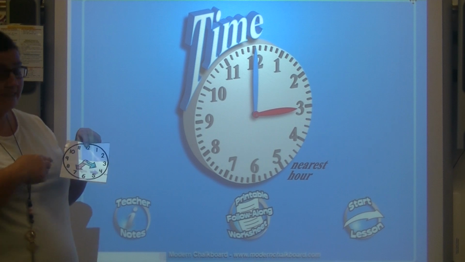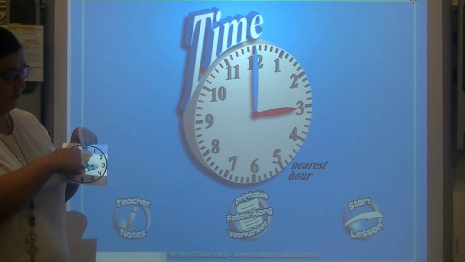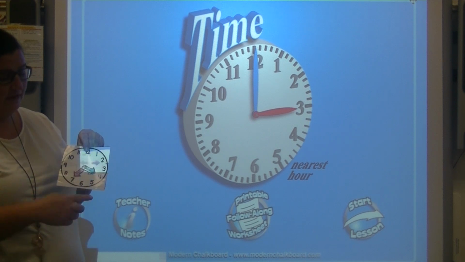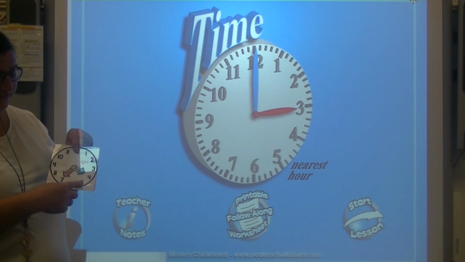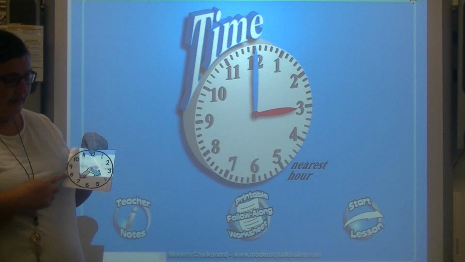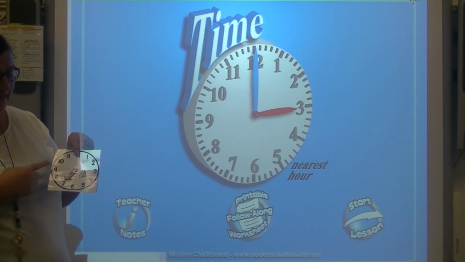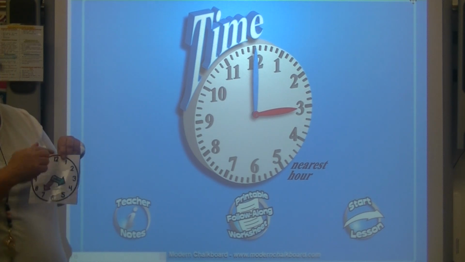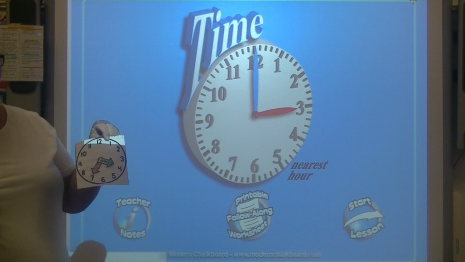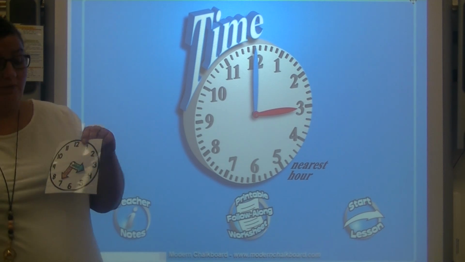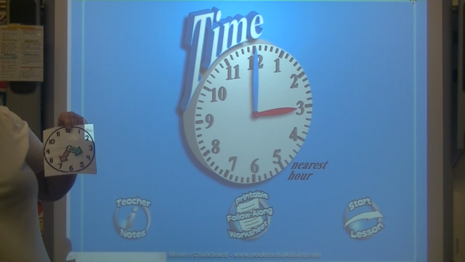Touch your numbers and let's count. Get ready. 1, 2, 3, 4, 5, 6, 7, 8, 9, 10, 11, and at the very top is 12. So your clock face has 12 numbers on it. 12 is at the very top.